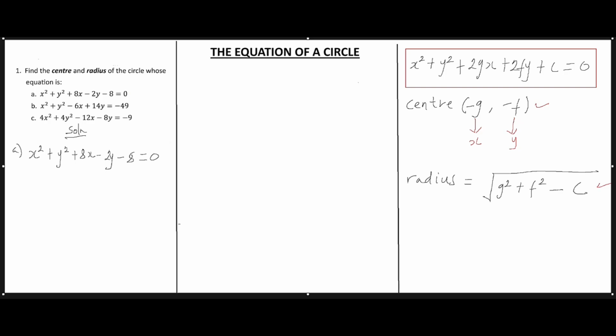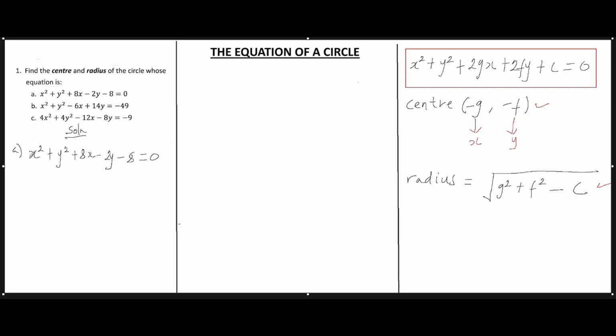So now, let's do some comparison. We are comparing circle A to the general equation of a circle. So you can see that we have our x squared term and a term for y squared. Now, in the general equation of a circle, what is the coefficient of x?